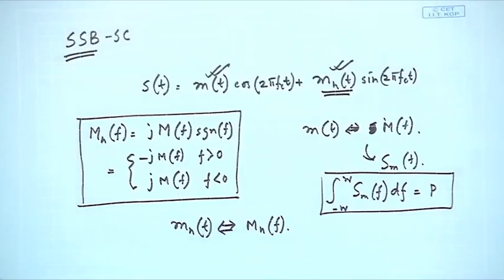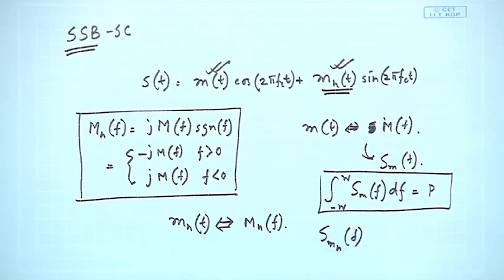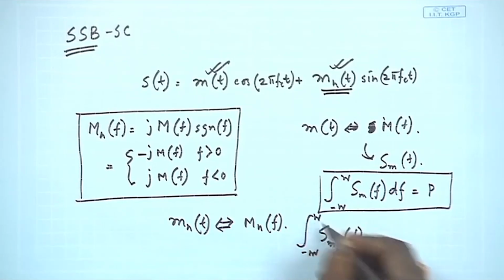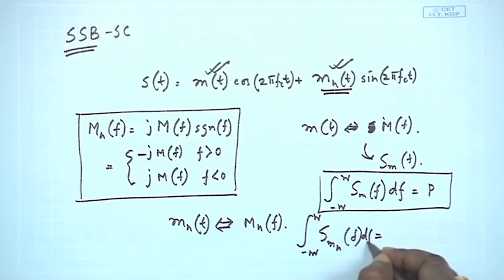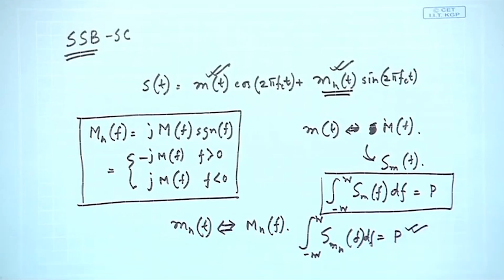Amplitude spectrum will still remain the same, only the phase spectrum will be different. But if I go to power spectral density, they have exactly no difference. Okay. So, therefore, for this one also, if I write that as S_Mh(f), that also is band limited, and if I integrate from minus W to W, that must also be P. This is the extra information I get.